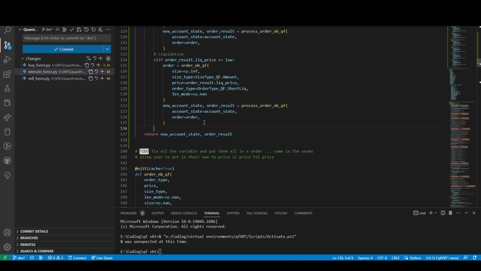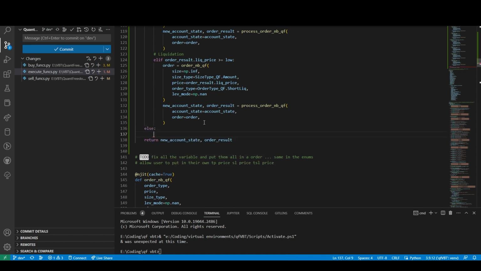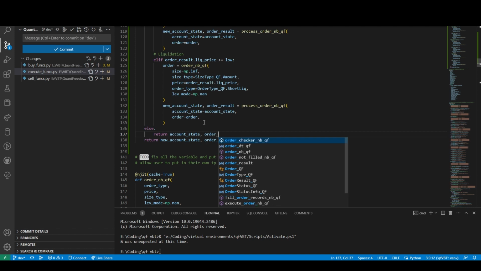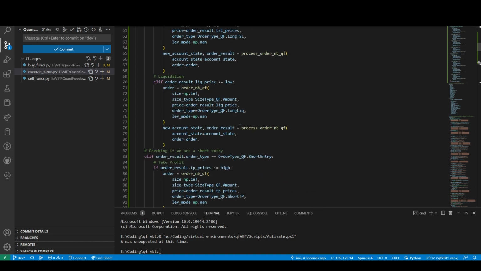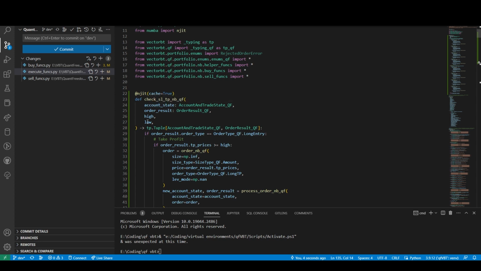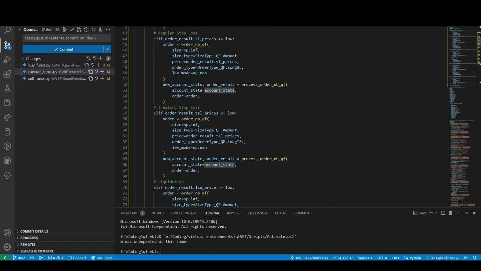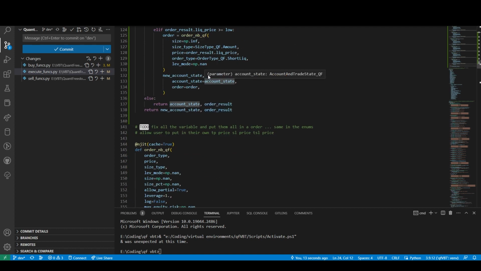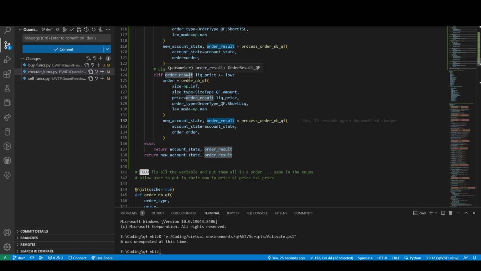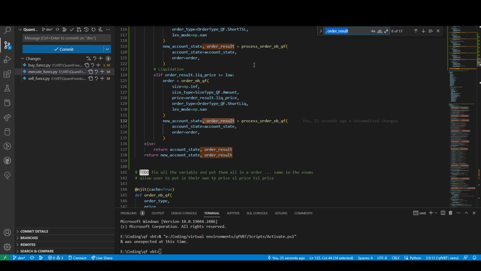Actually, yeah, so if we make it all the way down here, we'll do else return account state and order results. So if there was no take profit or stop loss hit, we'll just send back the original. But if there was something that was hit, then we'll send back the new. I guess we'll have to search for this.